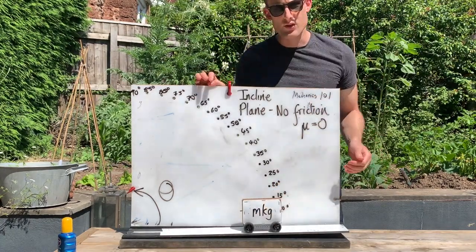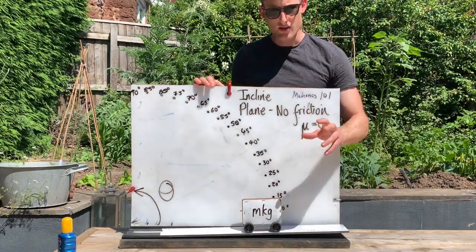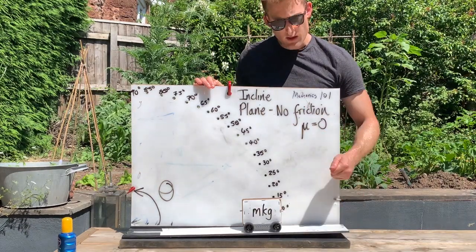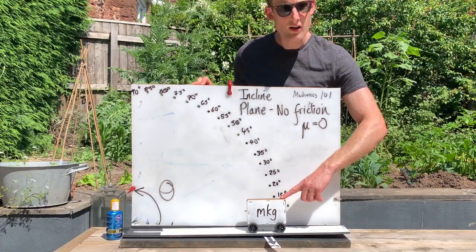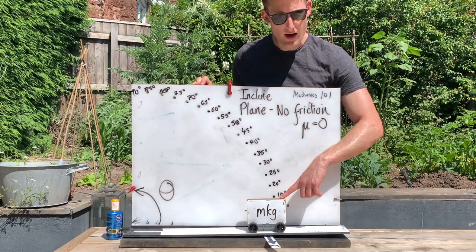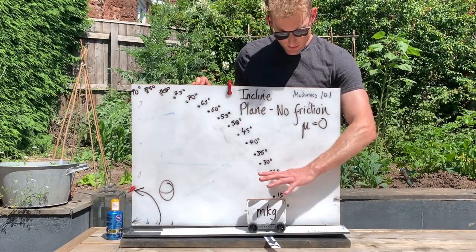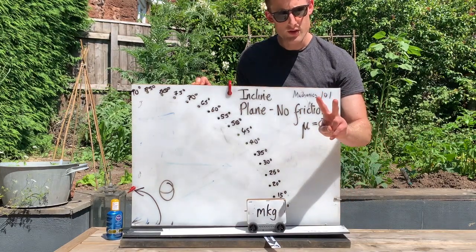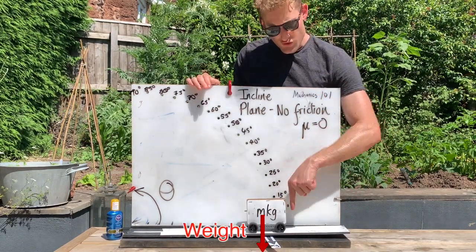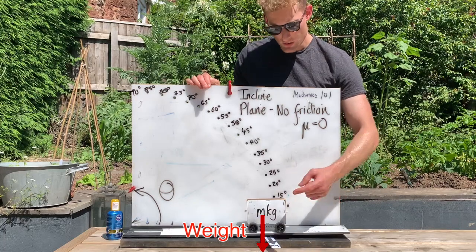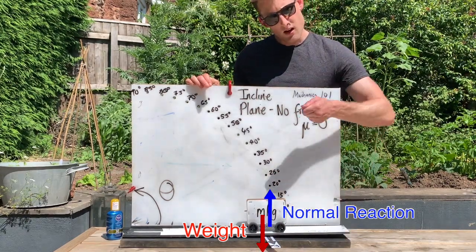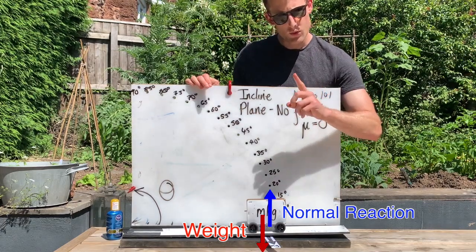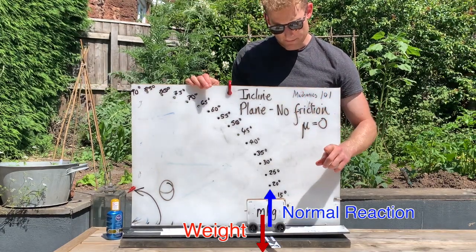The first thing I want to do is show you what forces are acting when I incline this plane. So here we have our horizontal plane with our particle on it of mass m kilograms. Normally, at rest on a horizontal plane, we only have 2 forces at play. We have a force going straight down, which is the weight of the particle, and we have a normal reaction force back up. Now when I incline the plane, those 2 forces do something really interesting.